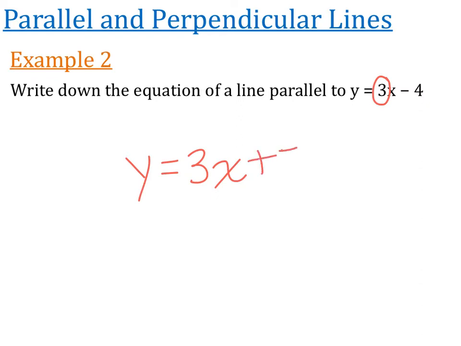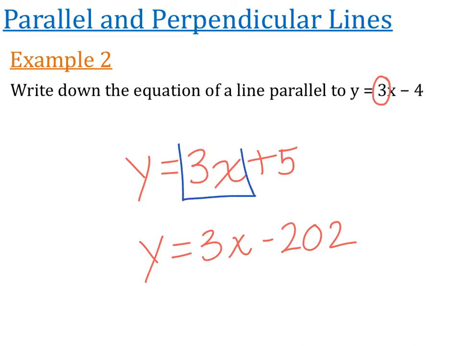You can put plus 5. That's an acceptable answer. You could put 3x minus 202. It doesn't really matter. Whichever answer you want, as long as you've got 3x in there. If you really want to be fancy, you could even have y is equal to 6 plus 3x if you felt like writing it in a different order for whatever reason. All right, and that's it.